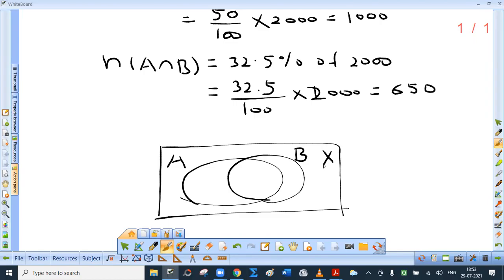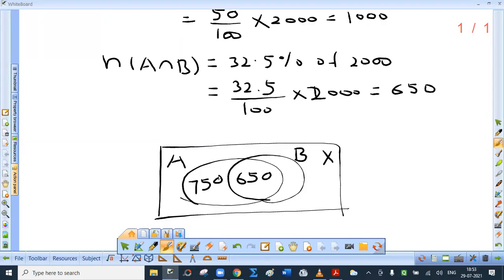Okay. So basically common means 650. Let me explain. Now n of A is 1400, right? 650 belong to common part. So remaining, that is 750 here. It is better if you write this 1400 less 650. That will be better.